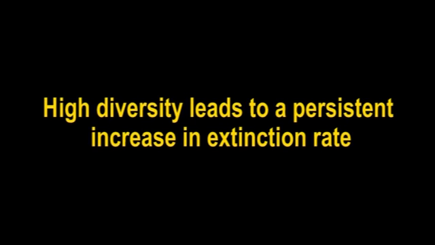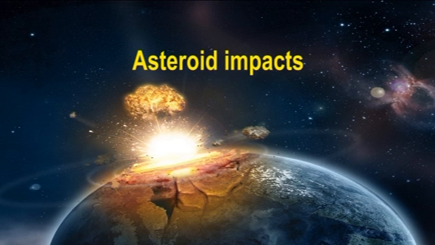High diversity leads to a persistent increase in extinction rate, low diversity to a persistent increase in origination rate. These presumably ecologically controlled relationships likely amplify small perturbations, that is, asteroid impacts, etc., to produce the global effects observed.